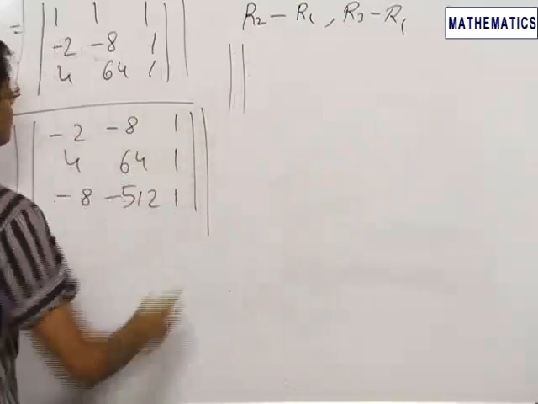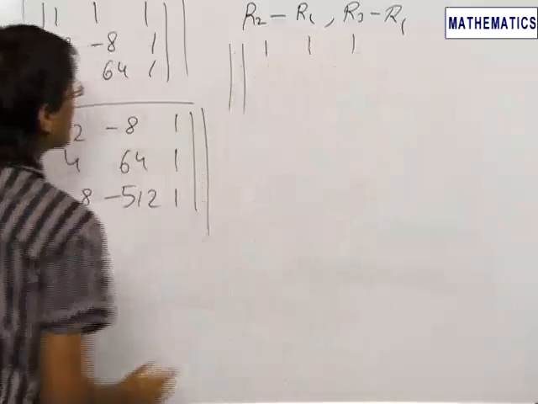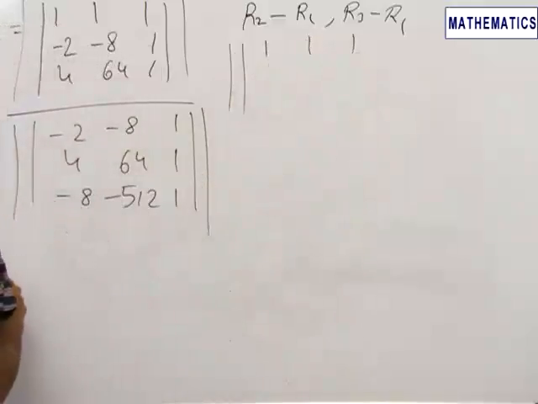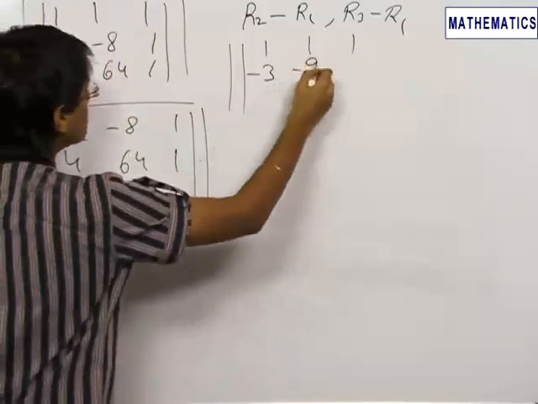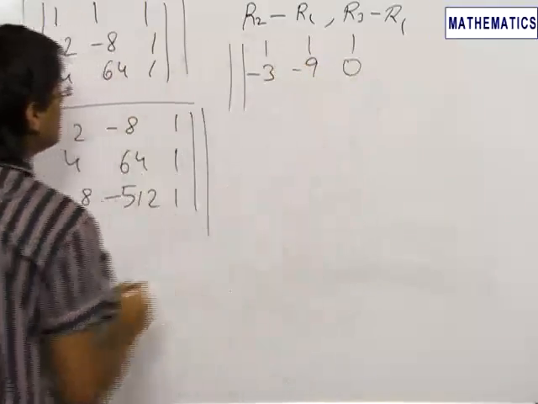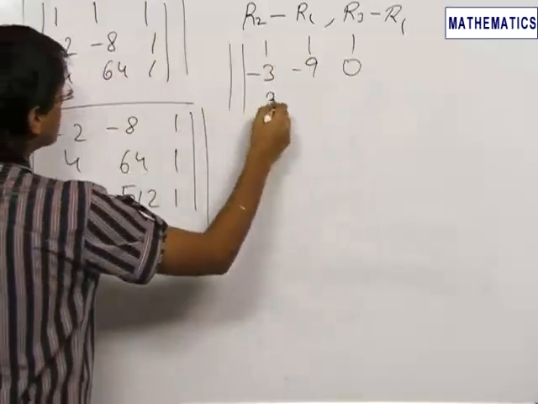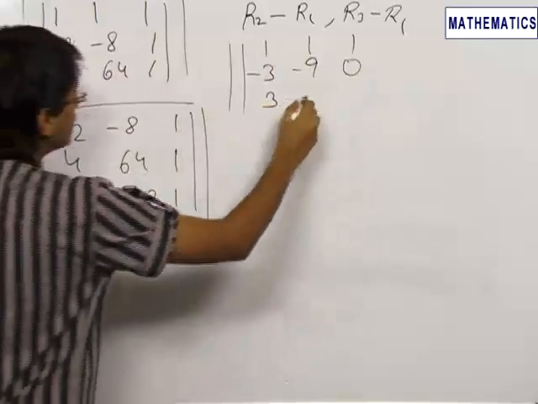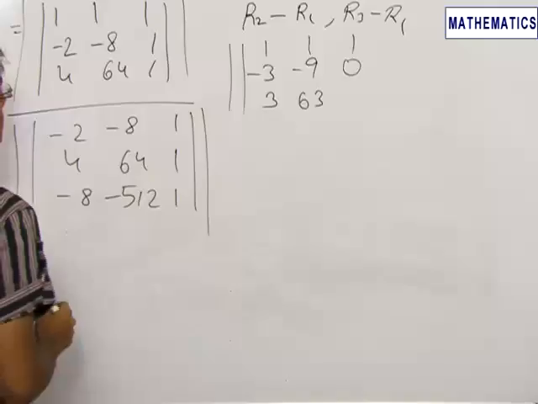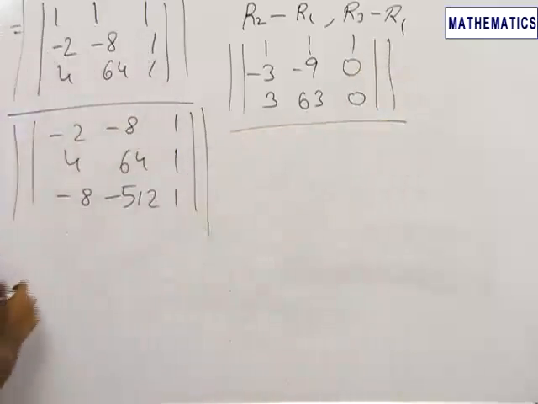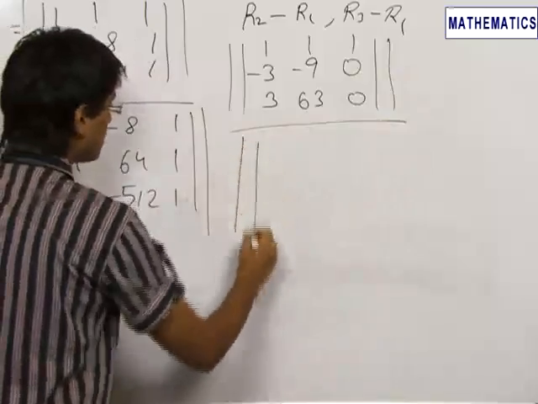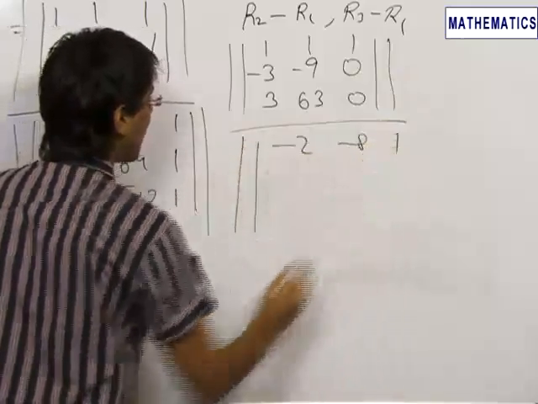So on using the operation R2 minus R1 and R3 minus R1 in both the numerator and denominator, we have modulus of determinant. The first row will remain as it is because there is no operation involved on row R1. This becomes minus 3, minus 9, 0. This becomes 4 minus 1, 3, 63, 0. In the denominator, this is minus 2, minus 8, 1 as it is.